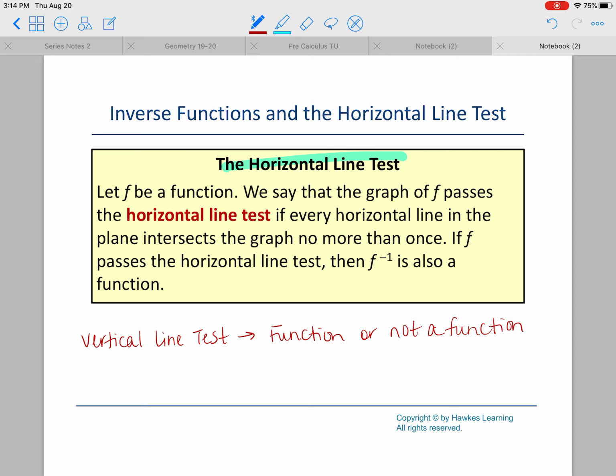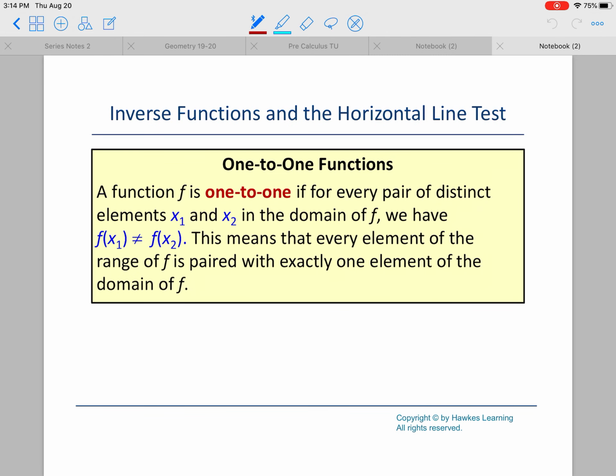So if I have a function that passes the line test, which means that I only hit that graph in one spot at any time, then its inverse is also a function. And this is what I just talked about with one-to-one functions.